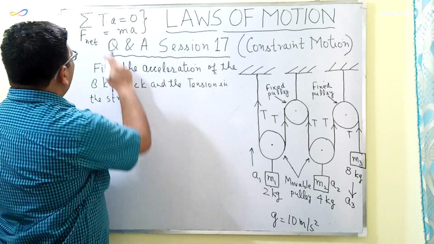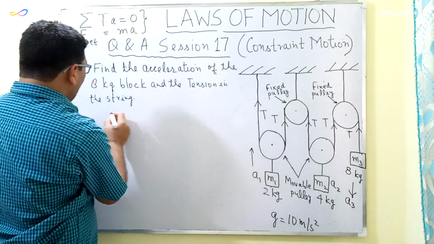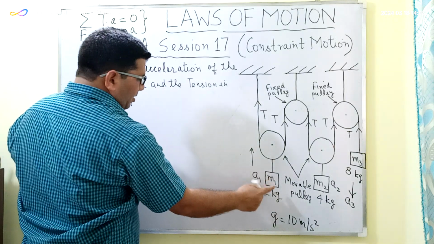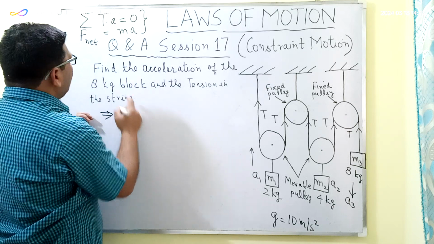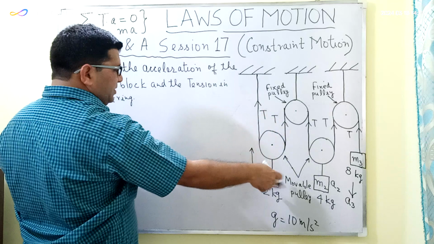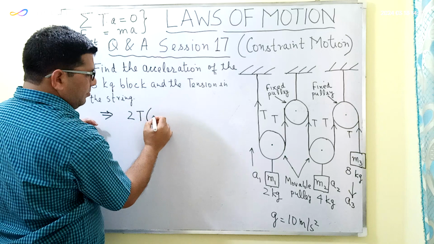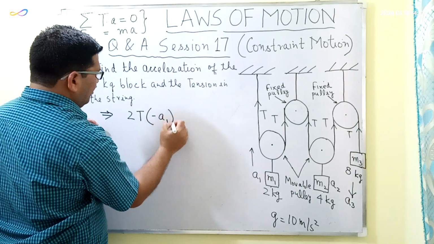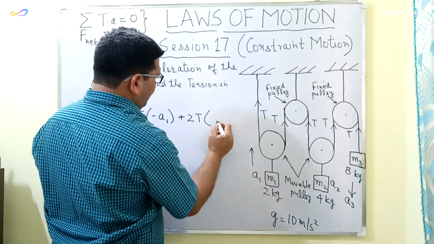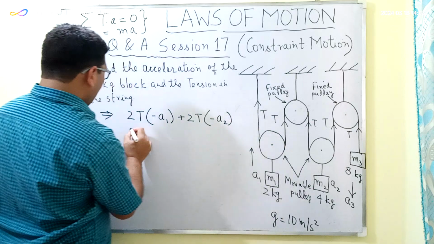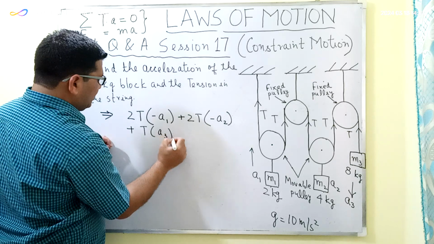By using this first equation, the equation which I will be getting with respect to this question is minus A2 plus T into A3 is equal to 0.